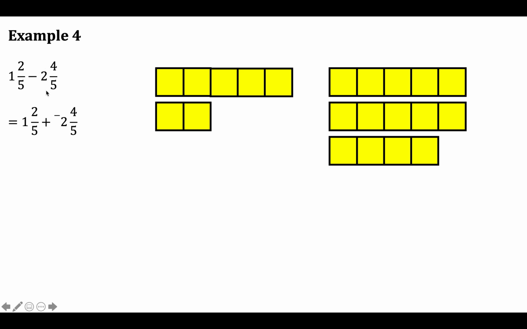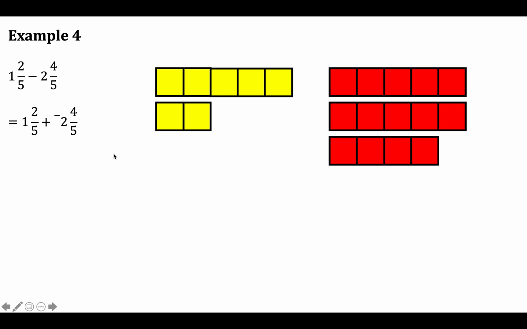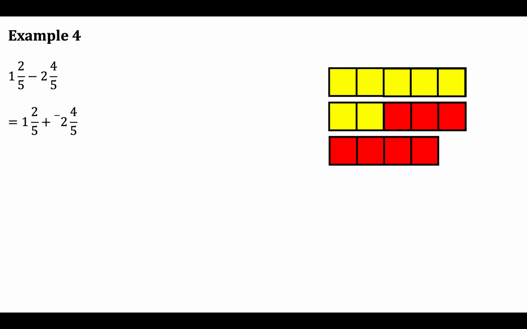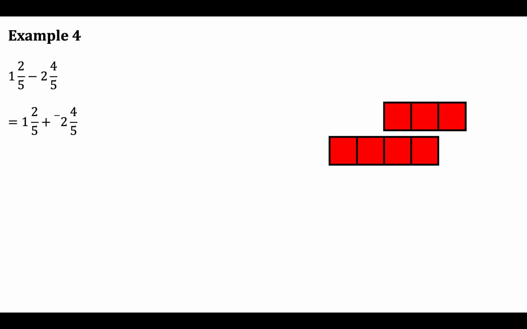So here we have positive 2 and 4 fifths, and the additive inverse of that is negative 2 and 4 fifths. Going to look for our zero pairs again here. And you can see that we've got 1 and 2 fifths left. Sorry, negative 1 and 2 fifths left.